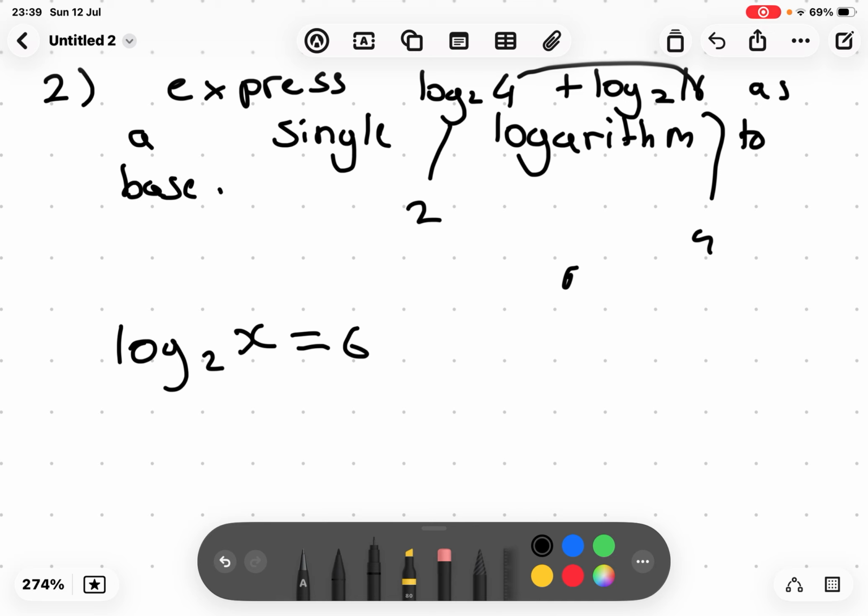Basically, we're looking for the answer of these two, the simplified version. And then we just do 2 to the power 6, so 64.